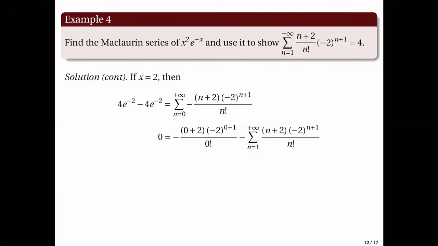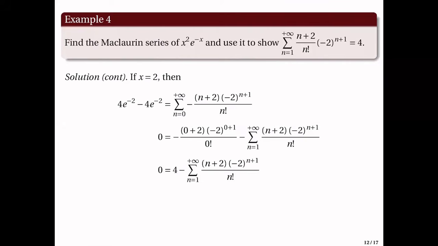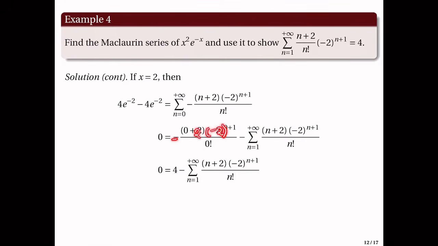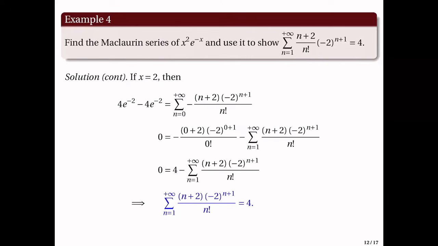Okay? Okay, and then simplifying this, we get this. Dito we have negative 2 times negative 2, which is 4. And then we have this. Okay? And then transposing this to the other side, we get this result. Okay? Which is exactly what we want to show here. Okay? I hope nasusundan ninyo.